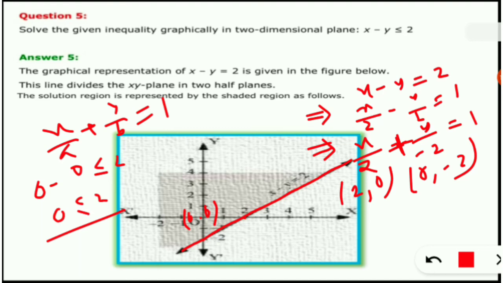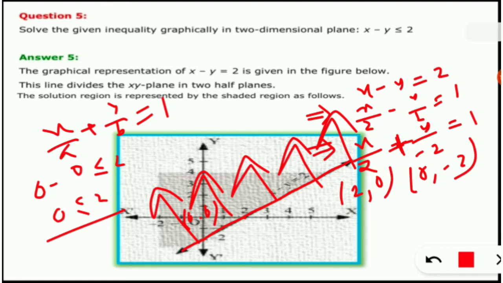So definitely it is the upper half plane of this line, because the point (0, 0) lies in the required region. That is why the required region is the upper half plane, this portion, or the solution region is represented by the shaded region as follows.